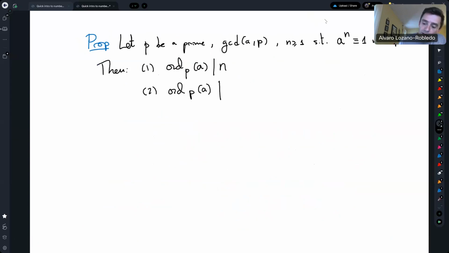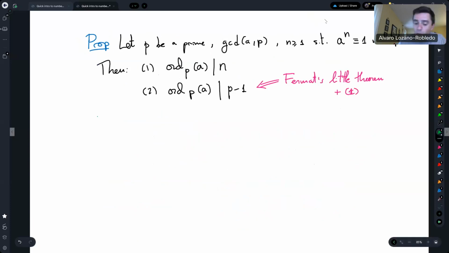And 2, the order is in fact a divisor of p minus 1. Why? Because this is implied by Fermat's little theorem, plus part 1, because Fermat's theorem tells me that a to the p minus 1 is congruent to 1. So what this says is that every order, when the modulus is prime, has to be a divisor of p minus 1.